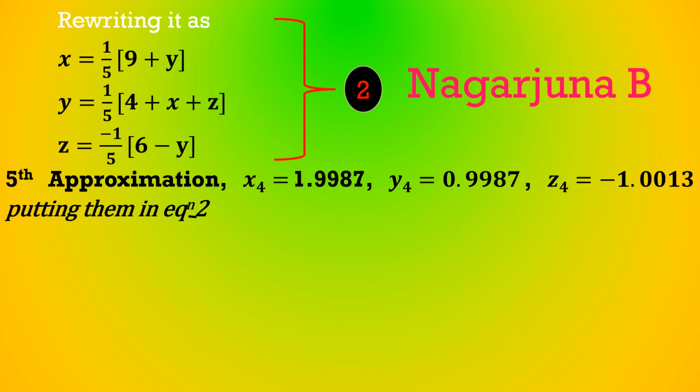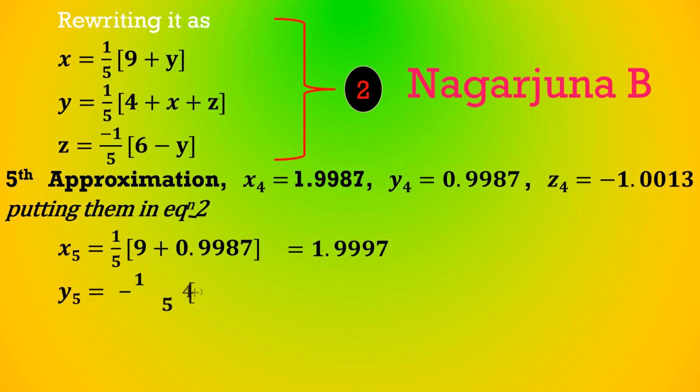So first x5 is equal to 1 divided by 5 into 9 plus 0.9987. As I told how to calculate, when you calculate it will give the answer 1.9997. The next y5 is equal to 1 divided by 5 into 4 plus 1.9987 minus 1.0013.